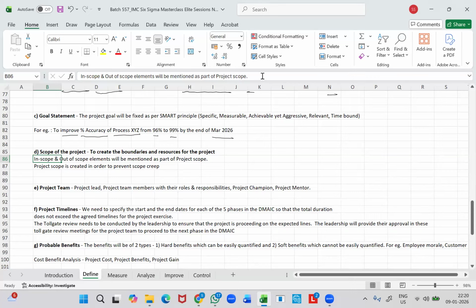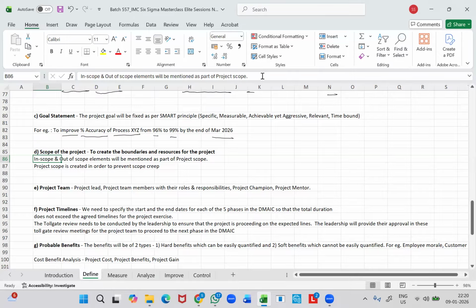And out of scope will be sub-processes C and D, and also the performance of the employees who are less than 6 months old in the process. So that is going to be kept out of scope. So like this, we need to clearly mention what is in scope and what is out of scope.